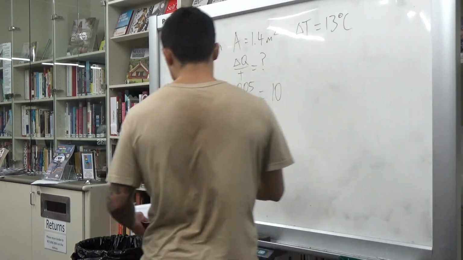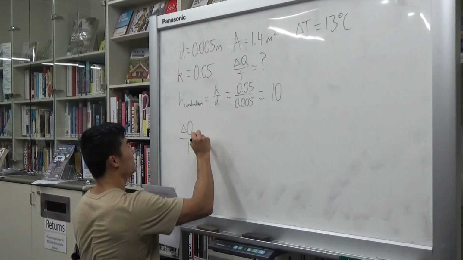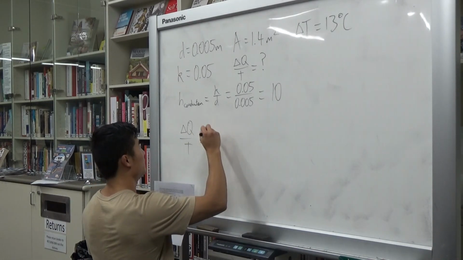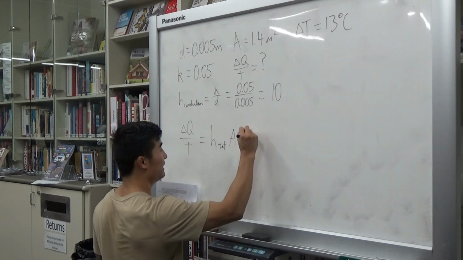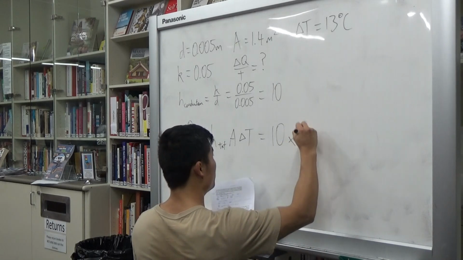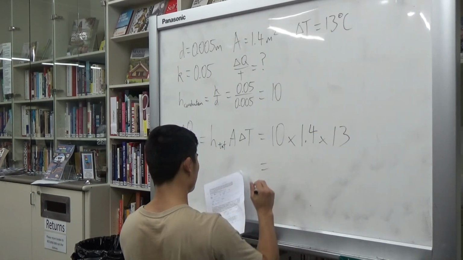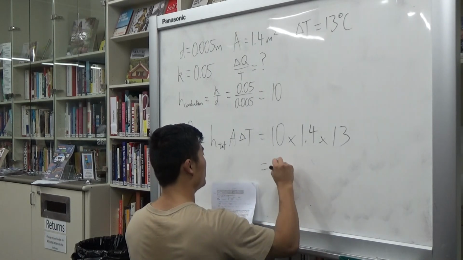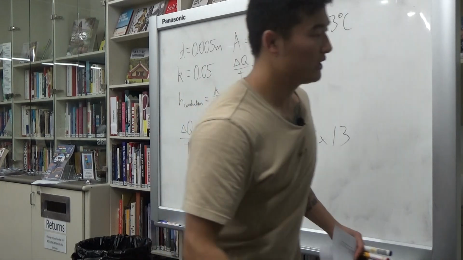All right, and then delta Q over T is equal to H total times area times delta T. So that's 10 times 1.4 times 13, which will be 182 watts. Okay.